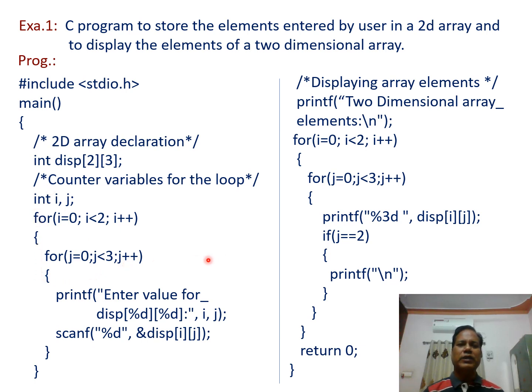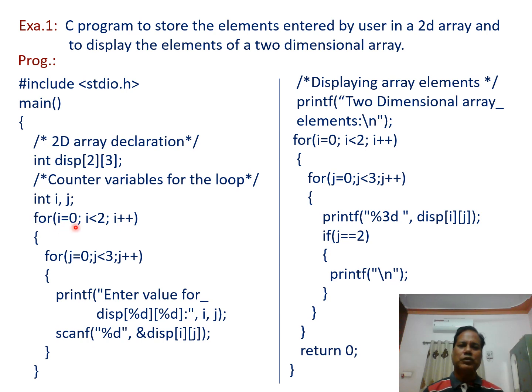To initialize the two-dimensional array, we use one looping statement nested in another looping statement, because for each row we have to take care of each column element. So int i, j; this declares the two integer variables that are used as counter variables in the looping statements.